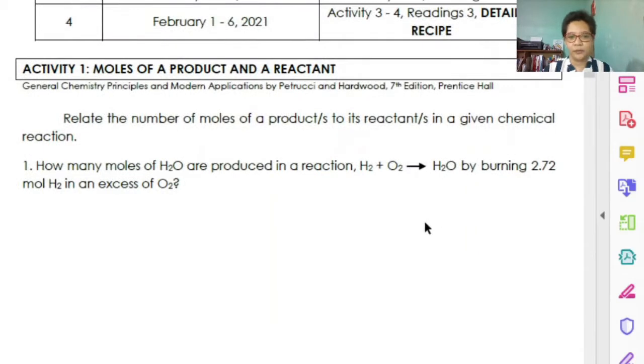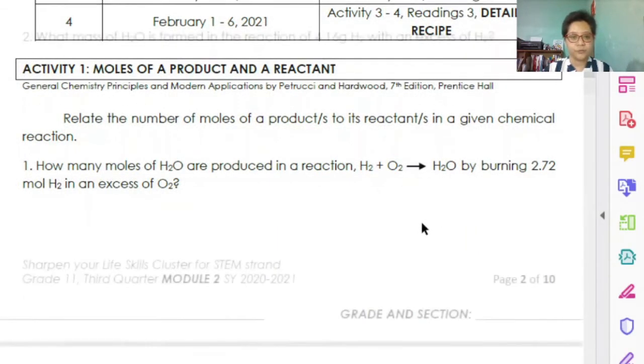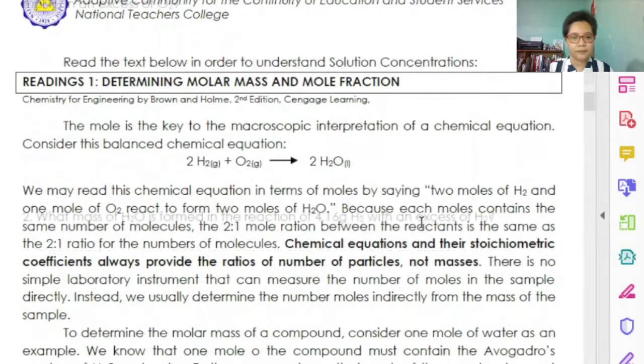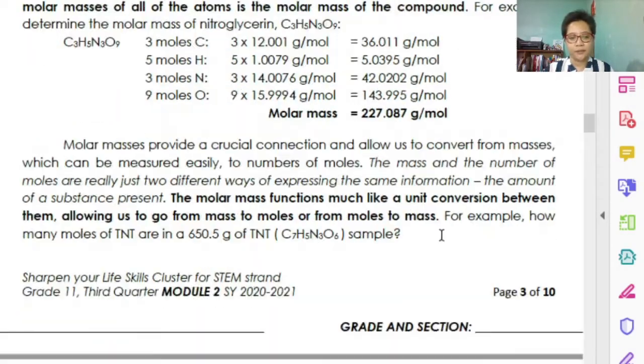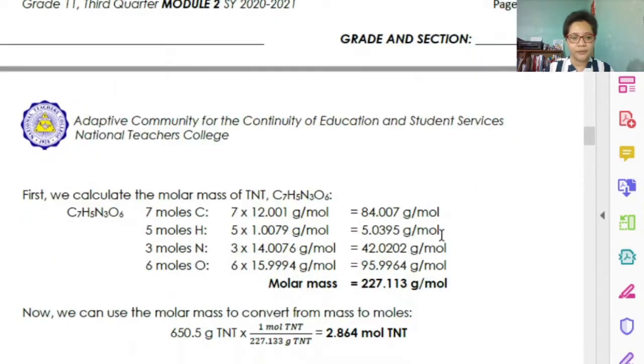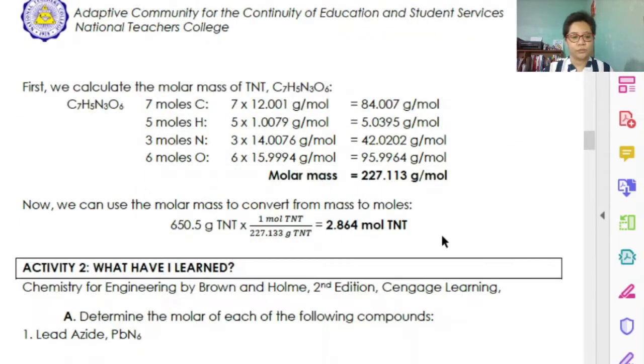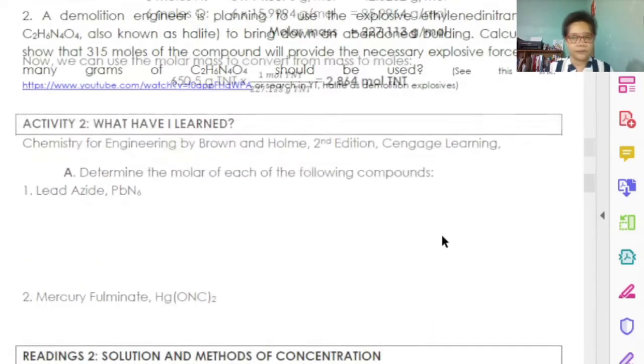Then Activity 1 is your review of computing for the moles. Reading 1 is determining molar mass and mole fraction. Read and understand this reading for you to be able to answer Activity 2, which is an application of determining the molar mass.